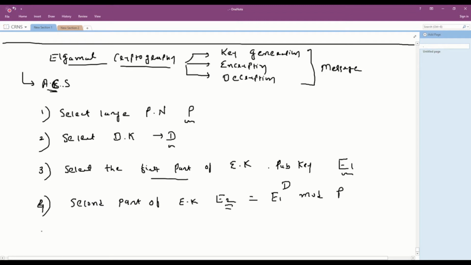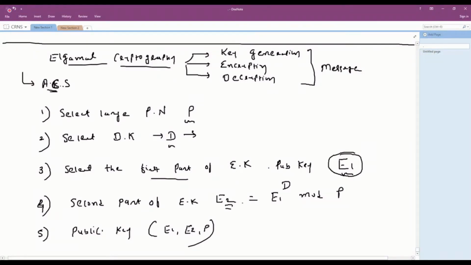Okay. And finally, I will be having the public key. See, private key I already have selected, right? And public key anyhow I am calculating. Okay, with these three parameters E1, D and P. Okay. So here I will be having the public key, which I am going to denote like this: E1, E2 and P. So this is your public key, final public key. Okay, as I told you that this is only a part of the key, right?